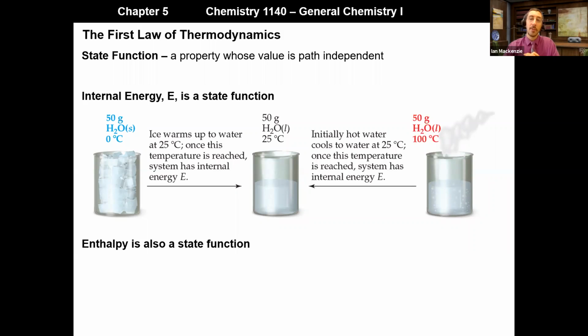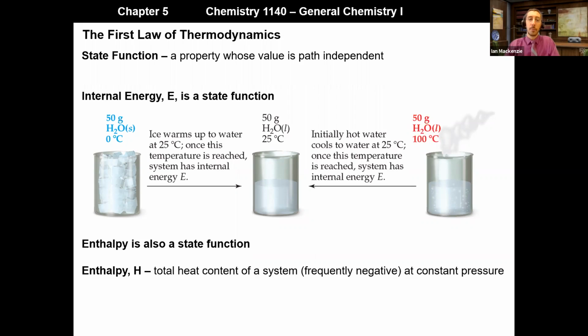Now, there's another term known as enthalpy, which is also a state function. And this is useful for us, and we'll see why in a little bit. So what is enthalpy? Well, enthalpy is given the symbol H, and it is the total heat content of a system at constant pressure.